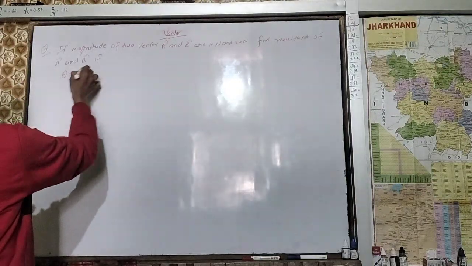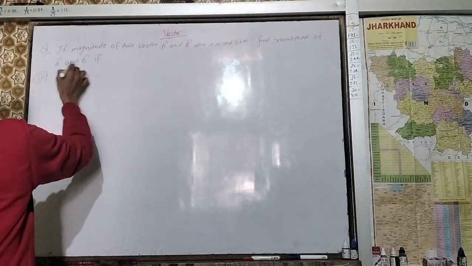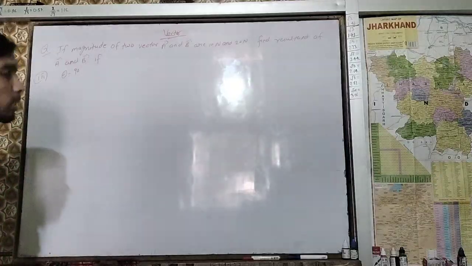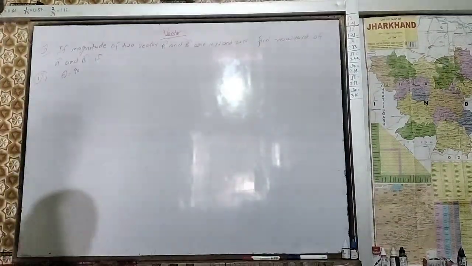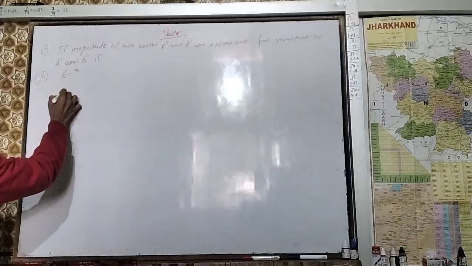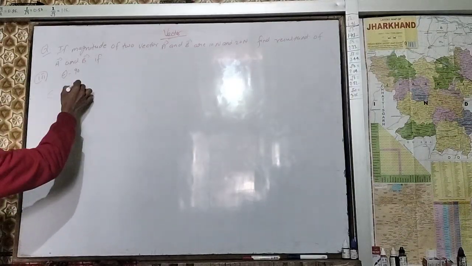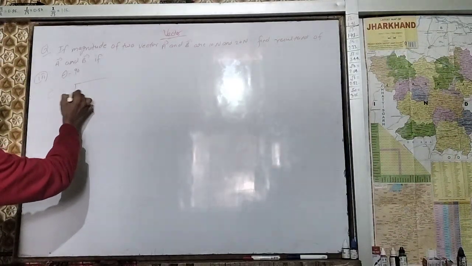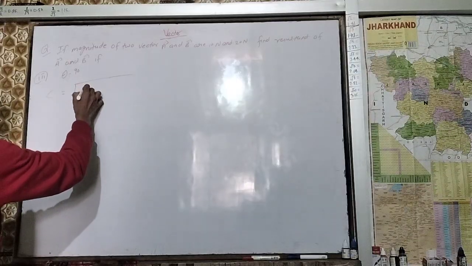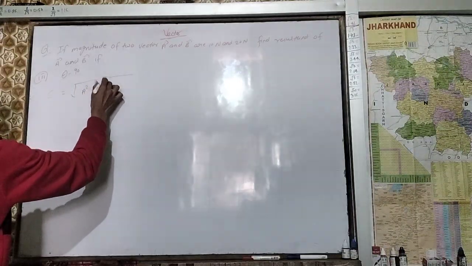Now theta is 90 degree. To get the magnitude of C, we will have to use this formula.